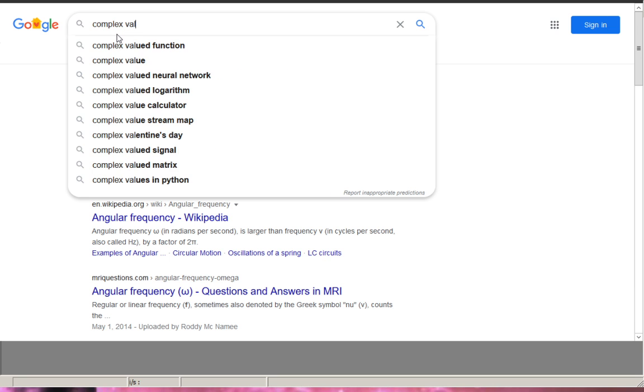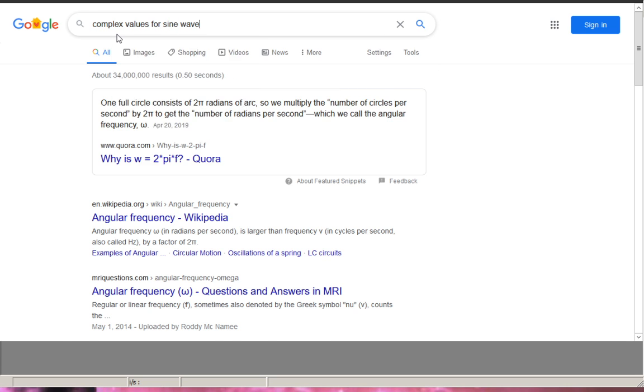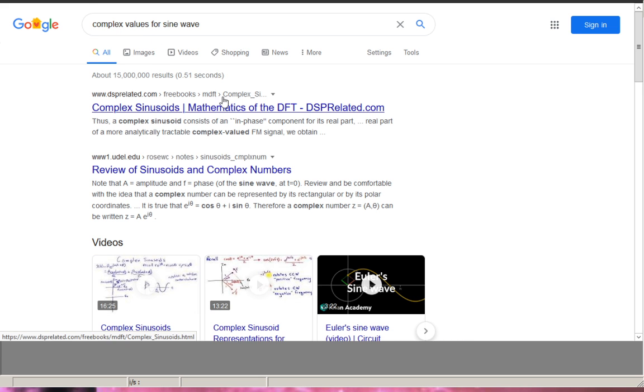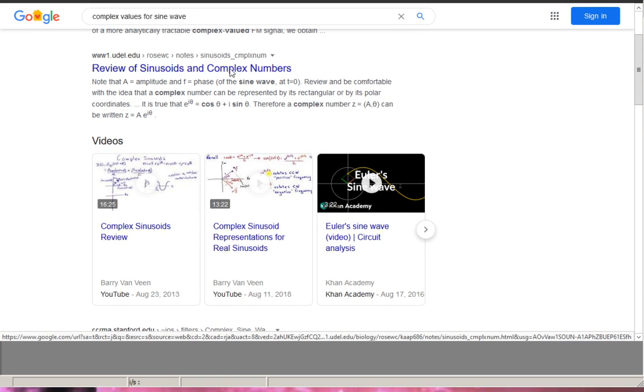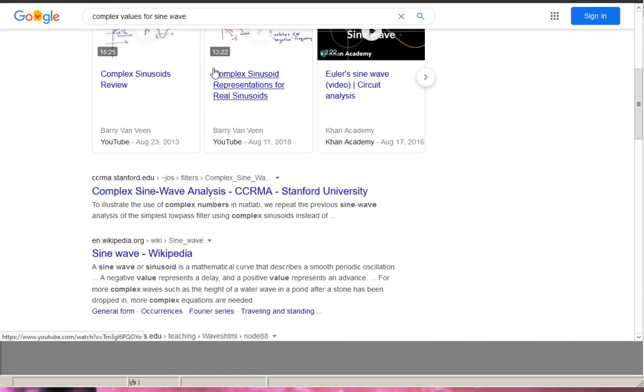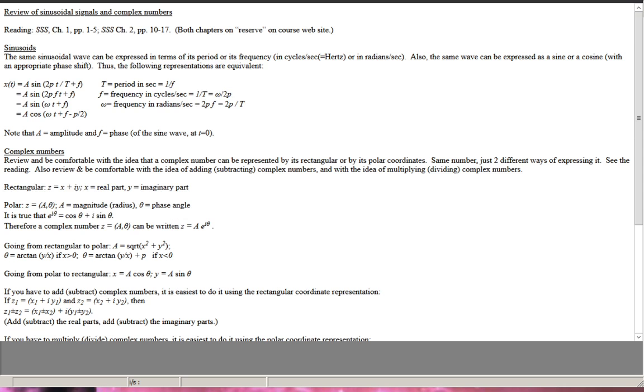Complex values for sine wave. Complex sinusoid. Review sinusoids and complex numbers. Here we go. Okay, let's see what we got here.